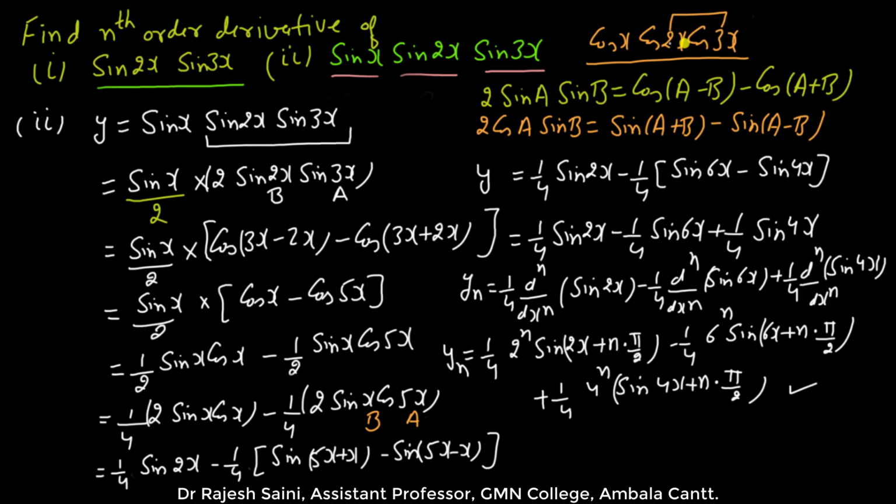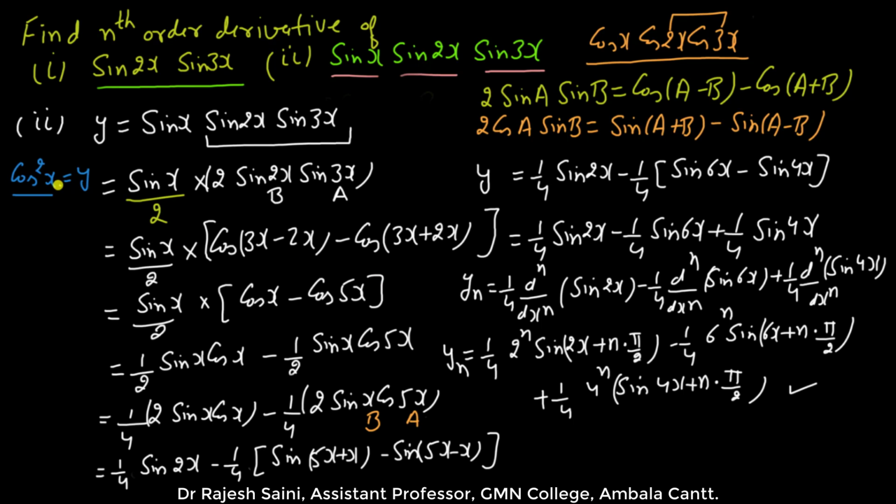So that is how you can also deal with this one. And if we are asked to find the nth order derivative of cos square x, you will assume it as y.